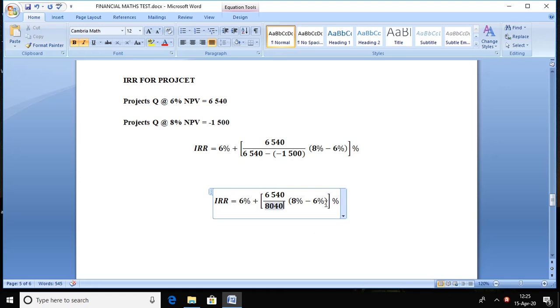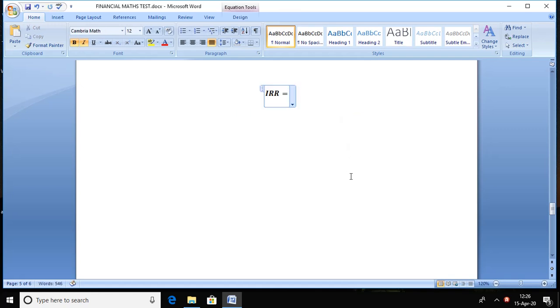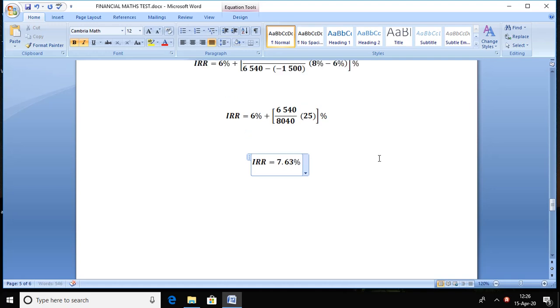Then subtract 6 from 8, that should be 2%. So multiply that, that should be in brackets. The internal rate of return is going to be 7.63%.